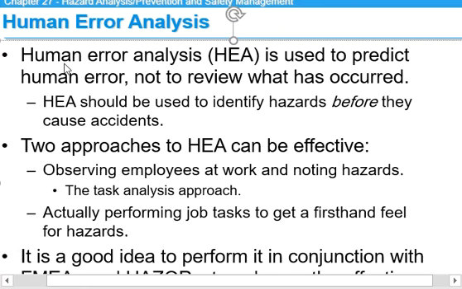So the human error analysis is used to predict the human error. So it has nothing to do with reviewing what has occurred. So I use it to protect the human from doing something wrong, okay. So it's more into the human.